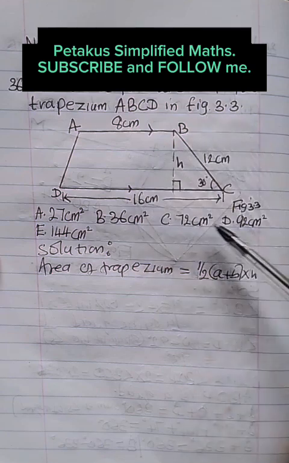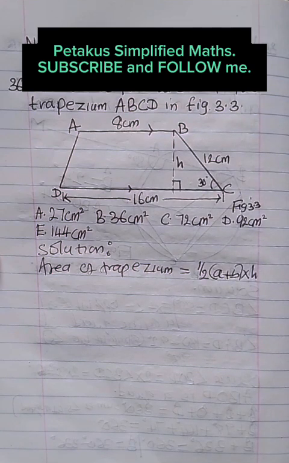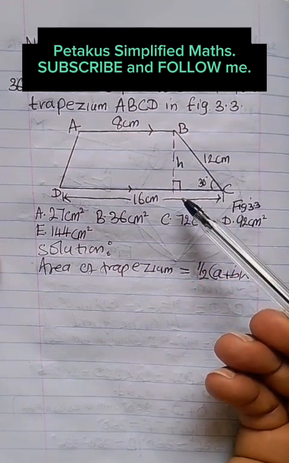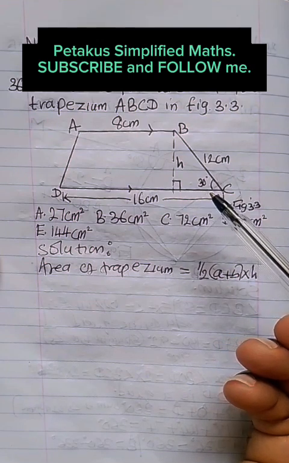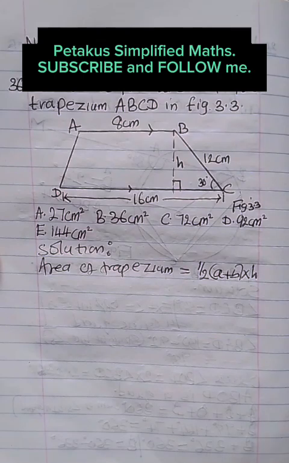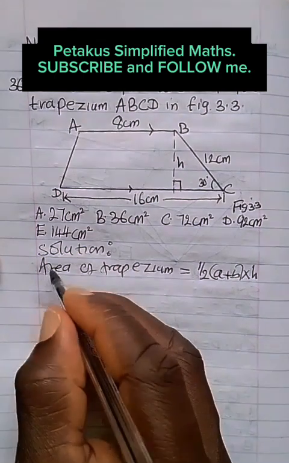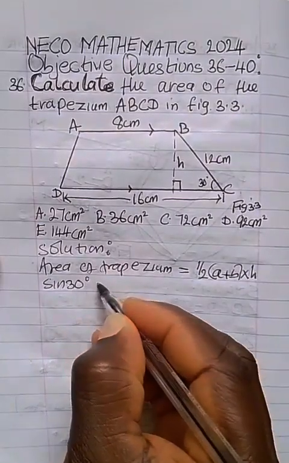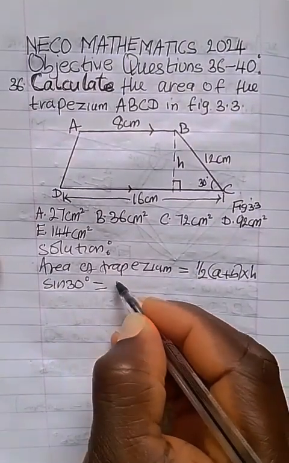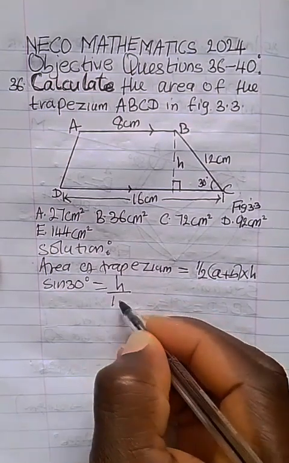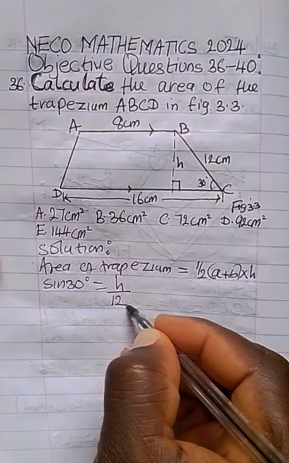It is a right angle triangle. Considering the acute angle 30 degrees, we have opposite, which is the height, then hypotenuse. That must be sine ratio. So sine 30 degrees is equal to opposite h over hypotenuse 12.